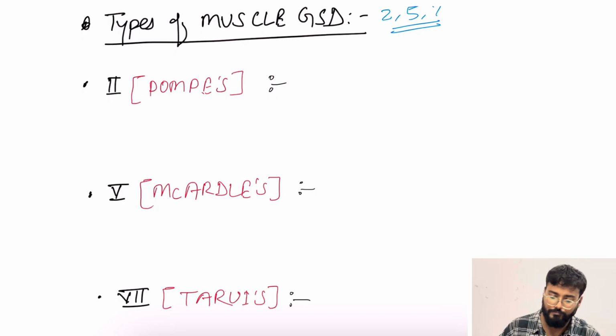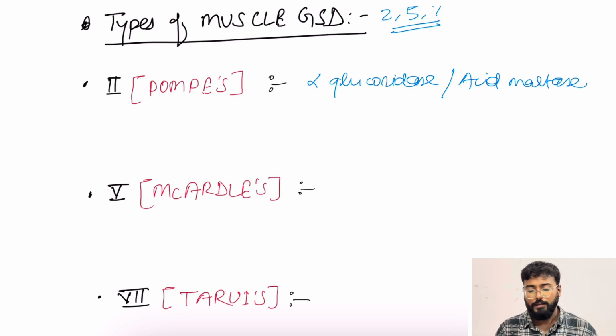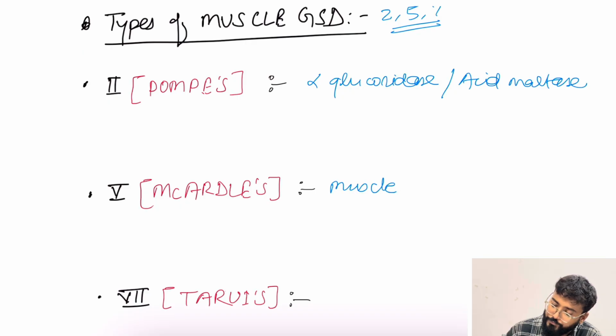That is your alpha glucosidase, or you can say acid maltase. The fifth one is your McArdle's, and in case of McArdle's, the enzyme defective is your muscle glycogen phosphorylase.